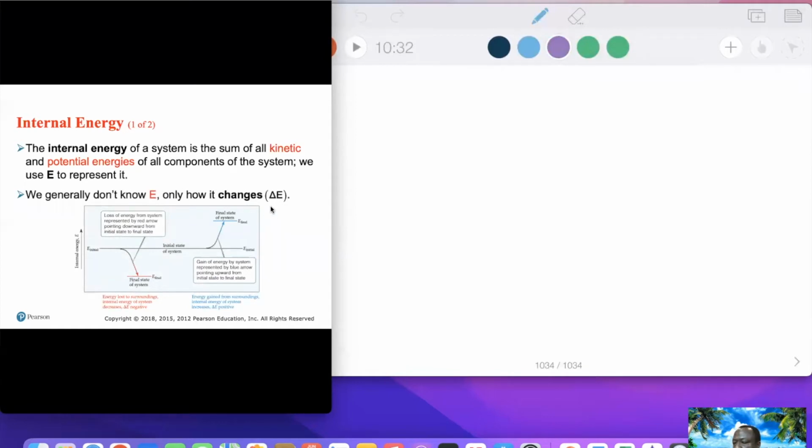So that you get to understand down the line, delta means change.